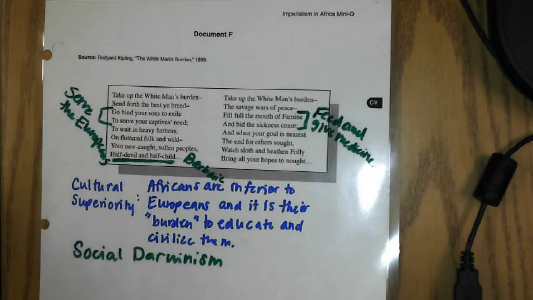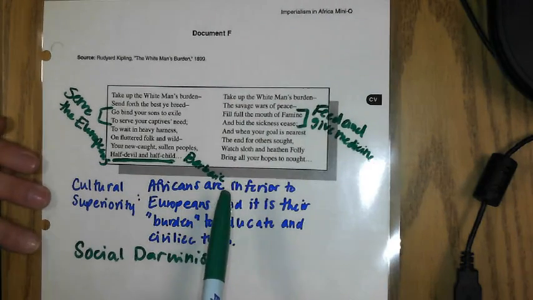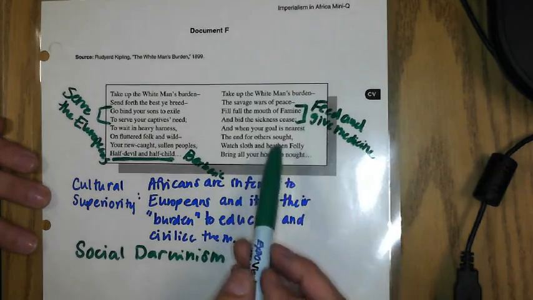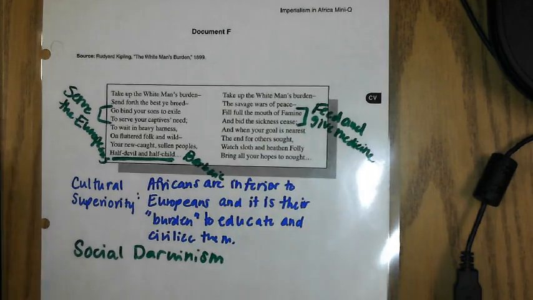"And when your goal is nearest, the end for others sought, watch sloth and heathen folly bring all your hopes to naught." Okay, so sloth means laziness. So they're trying to make laziness go away. And heathen means anybody who is not a Christian. Folly is like false. So watch sloth and heathen folly. We've been talking about watching laziness and all those devil practices that the Africans were doing before. Watch them go away.